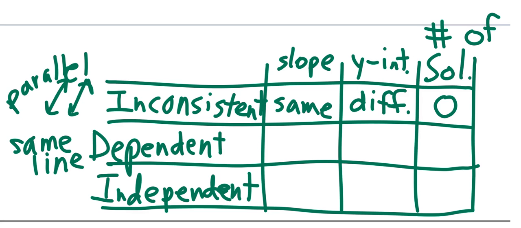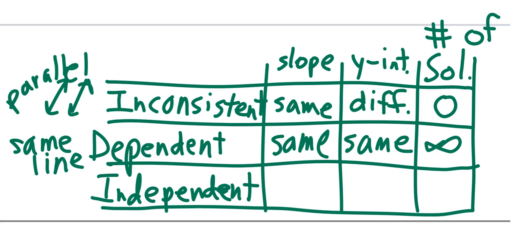If they are the exact same line, then they have the same slope and the same y-intercept. How many solutions would they have? An infinite number, right? There's more than you and I could count. Every point on the line is a solution point because it's the same in both lines.